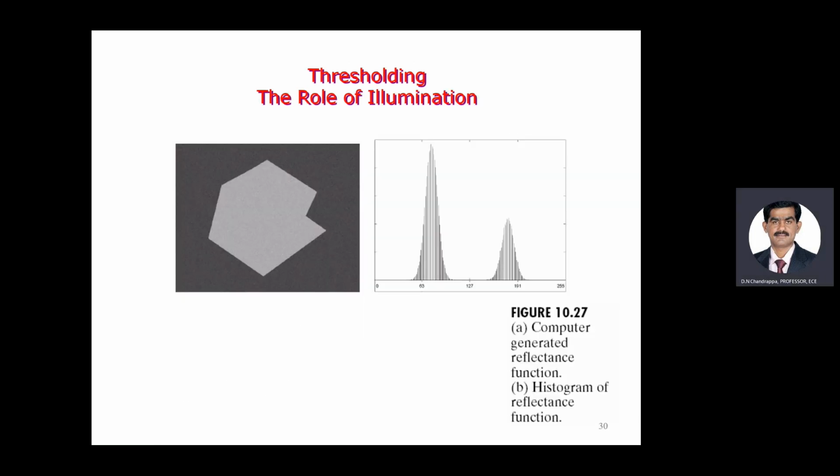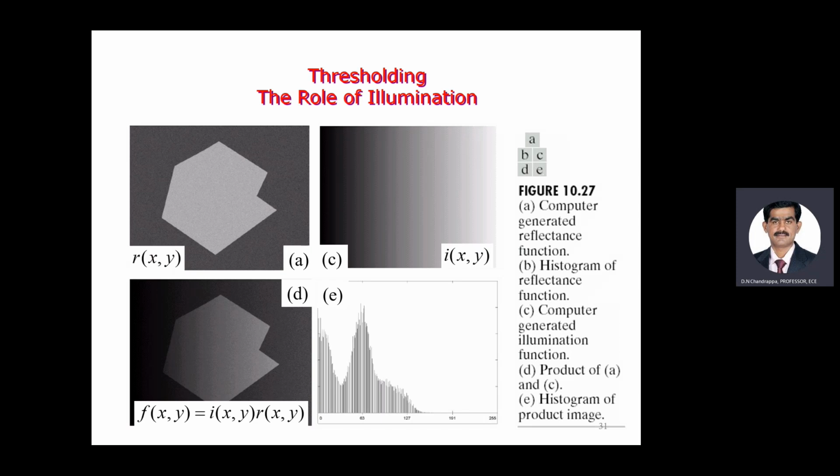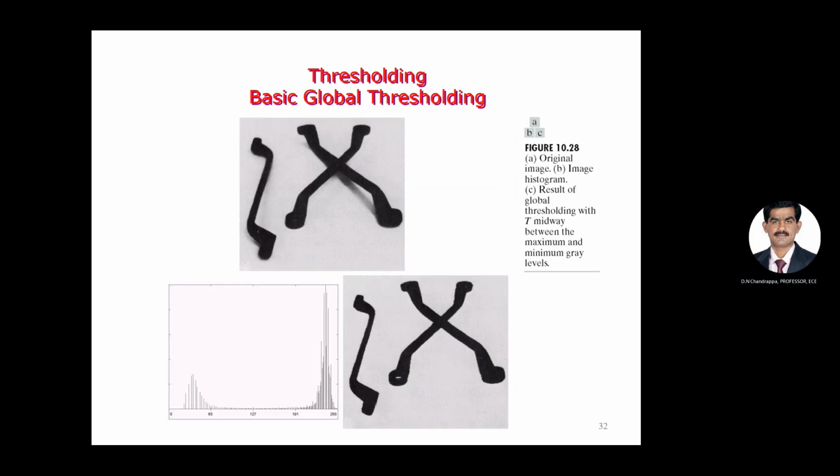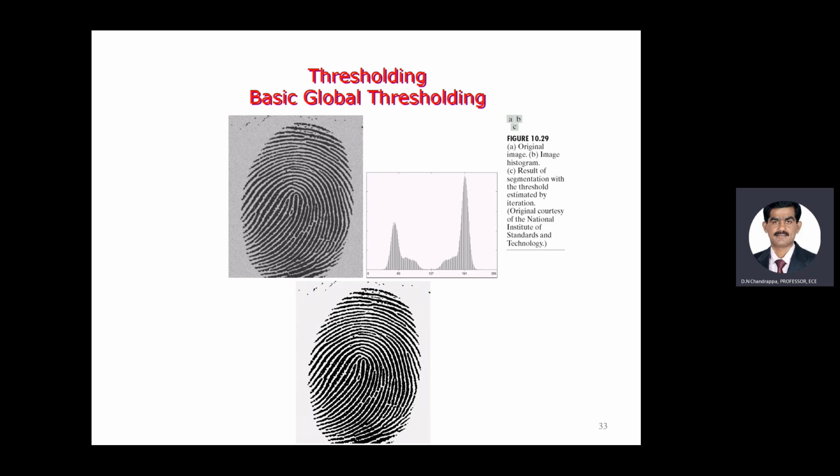We can fix the threshold, and based on the threshold we detect. Here is basic global thresholding of a fingerprint, as used in biometric techniques.